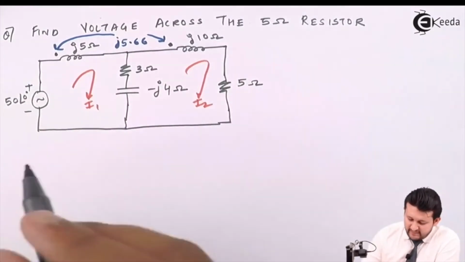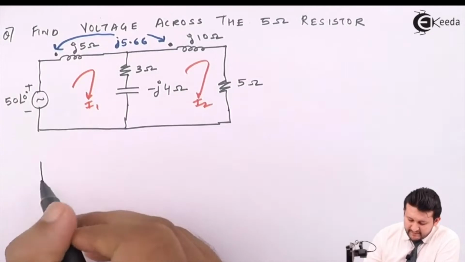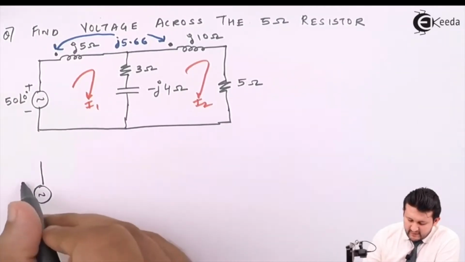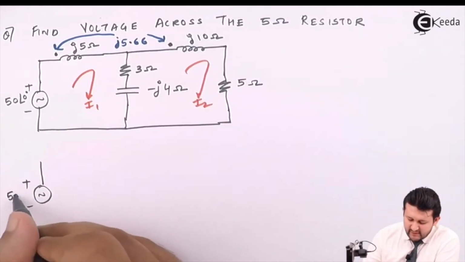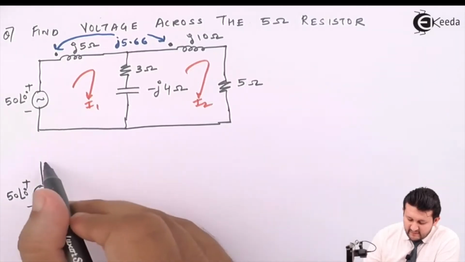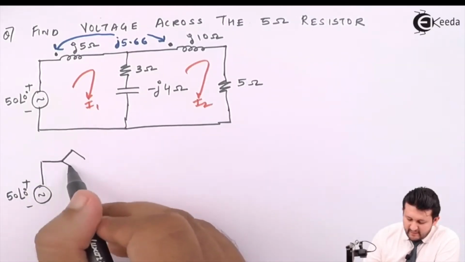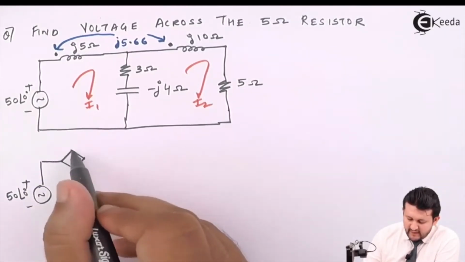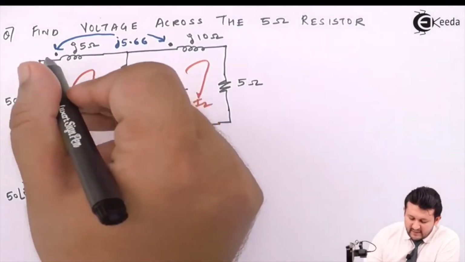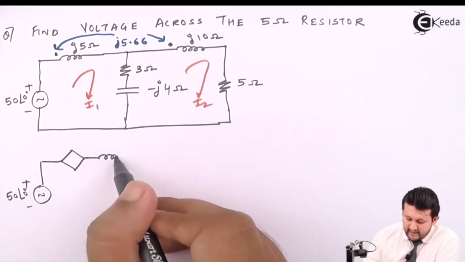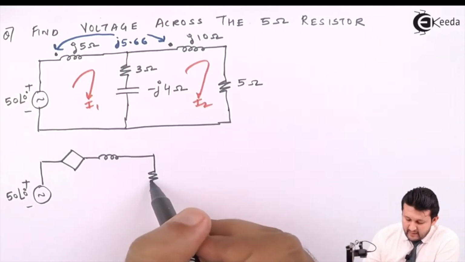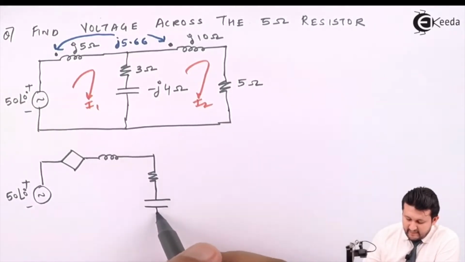So let's do that. Your new network will be a sinusoidal voltage source, 50 angle 0, again a dependent voltage source. This is obtained with respect to this coupling, an inductor, a resistance, a capacitor.